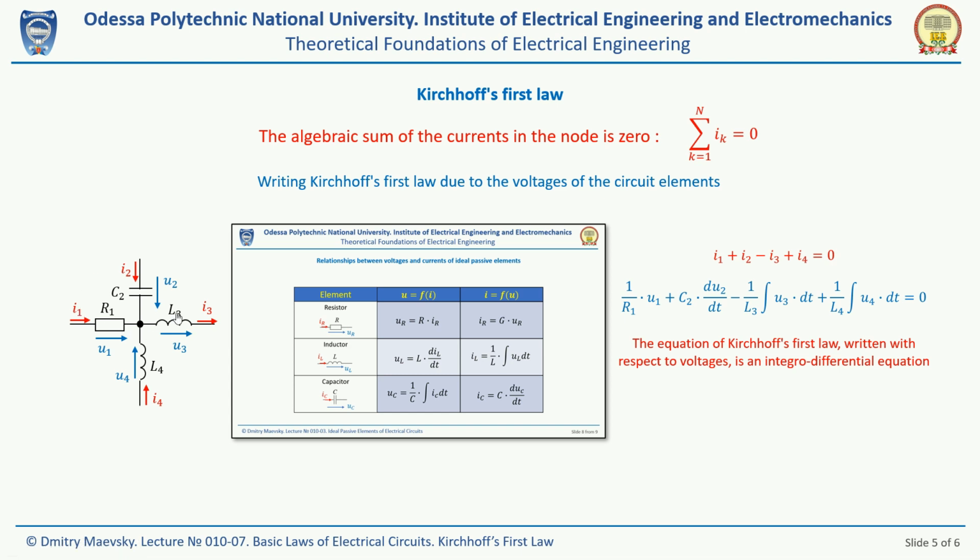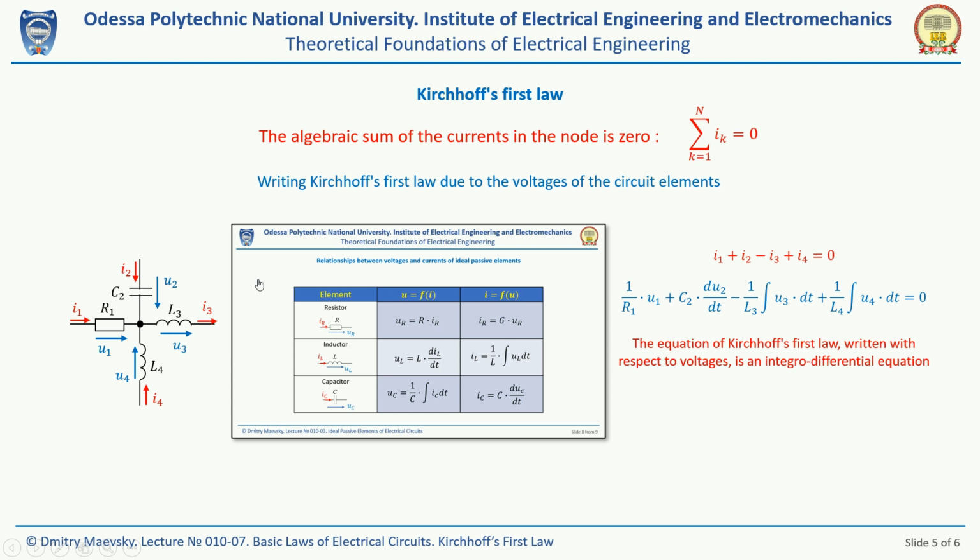From this table we can see that the current of a resistor is related to its voltage by the equation IR is equal to G, the conductance of this resistor, times UR. In our case, we can write that I1 in resistor number 1 is equal to 1 over R1 times U1.